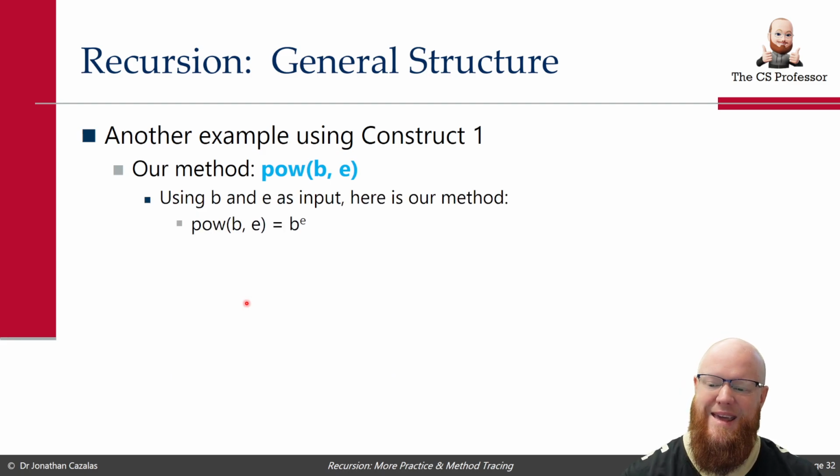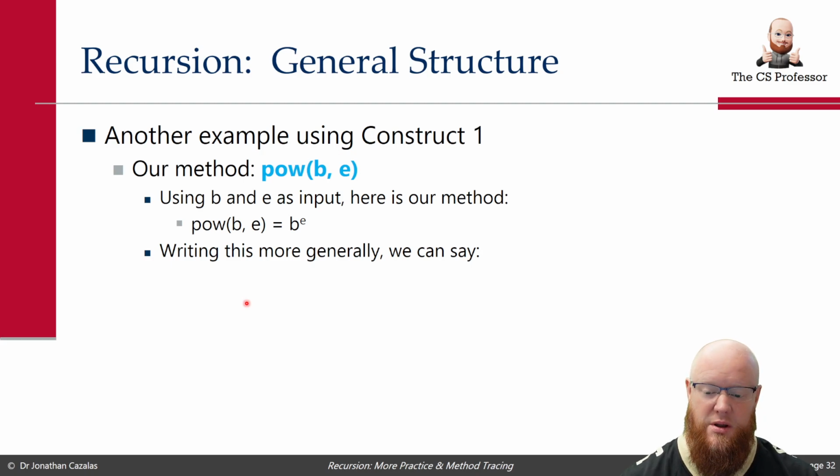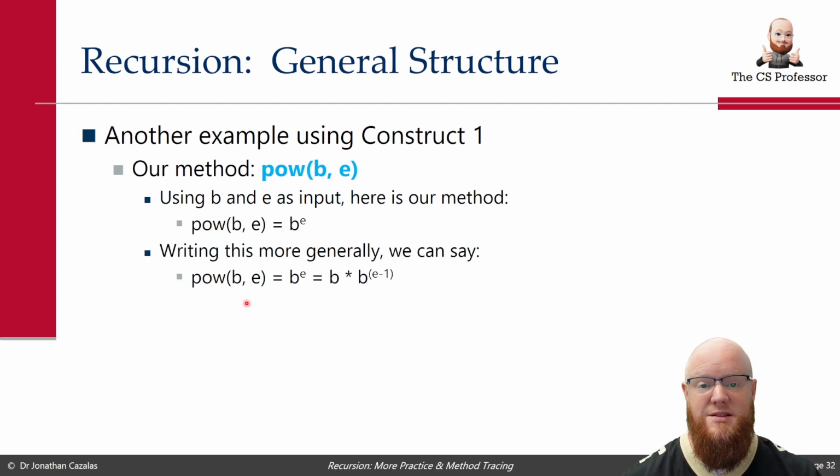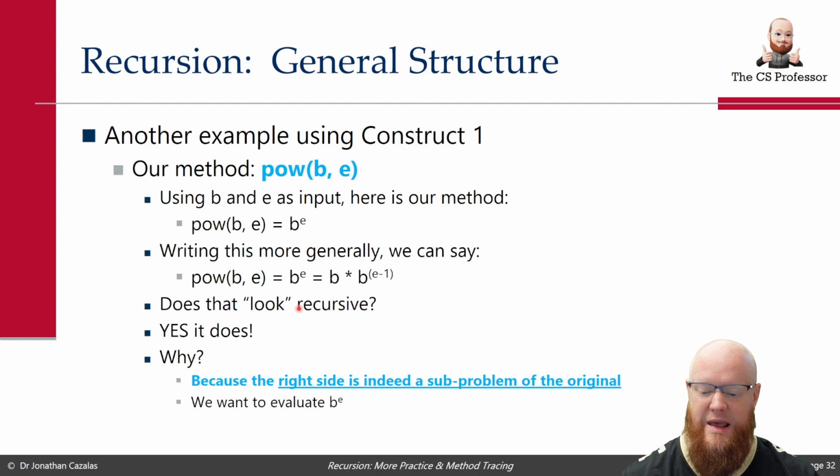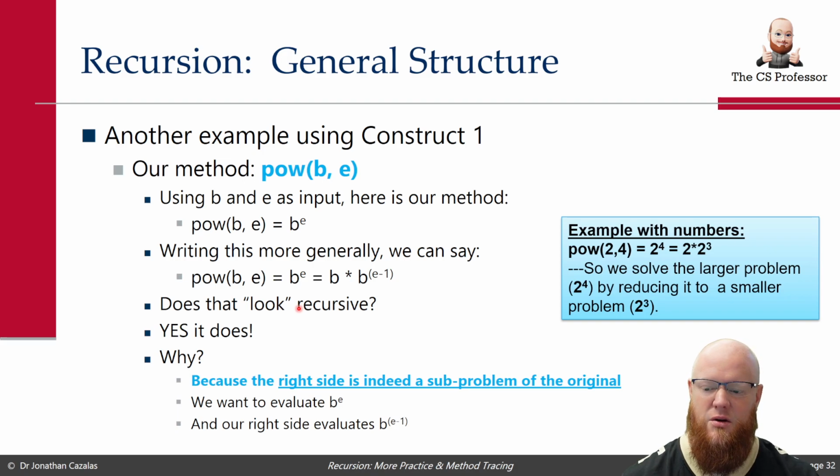So using b and e as input, here's that method, pow of b, e, and we're going to say it's really equal to b raised to that exponent. So more generally, we can say that pow of b, e really equals b times b to the e minus 1. This is the overall idea. Does it look recursive? It absolutely does, because the right side is in fact a subproblem of the original.